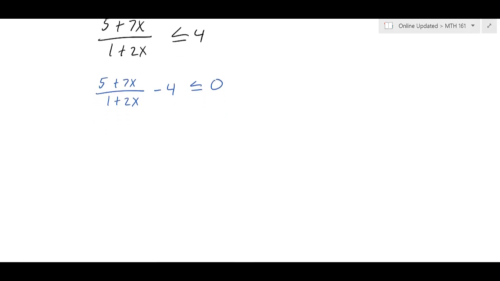Well, now we want to combine these two terms together. So in order to combine these together, we need to find the least common denominator, which we can understand this to be over 1. So basically we have 1 plus 2x and 1, so the LCD is simply 1 plus 2x.